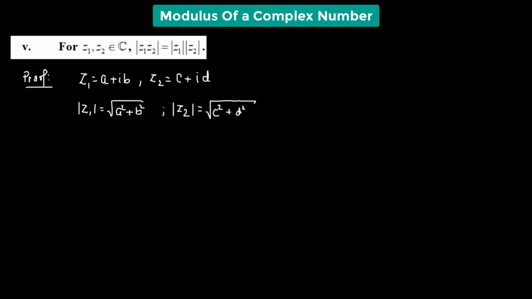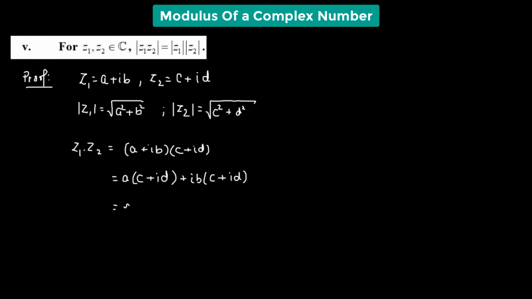Now we begin with the left hand side. We first find the product z1 times z2. That will be a plus ib multiplied by c plus id, and that should give us a times c plus id plus ib multiplied by c plus id.